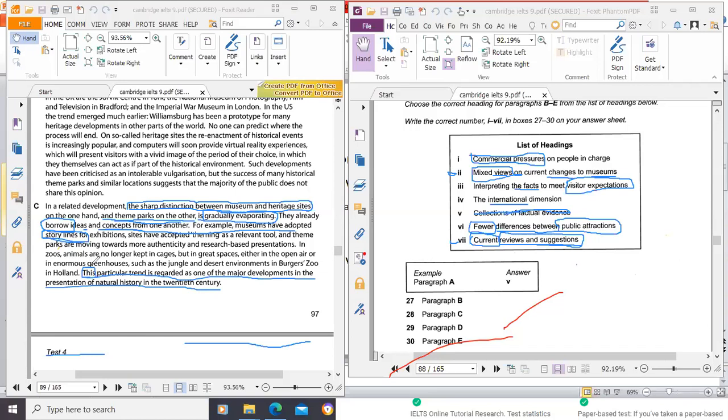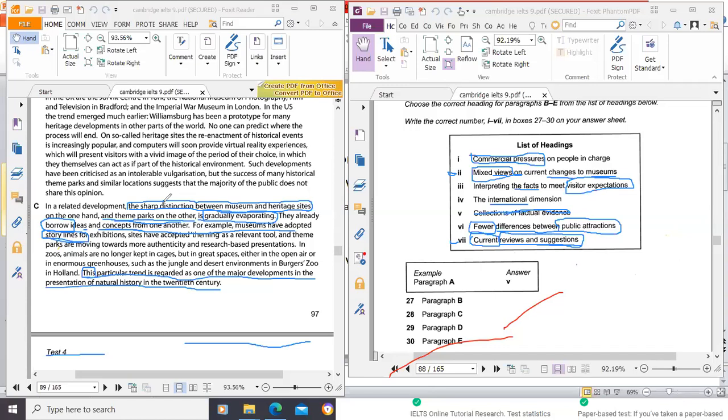It's pointing to something they already discussed, and that thing is the topic sentence. It's as good as saying that the disappearance of any distinction between museum and heritage site, and on the other hand, theme parks, this development is the presentation of natural history in the 20th century.